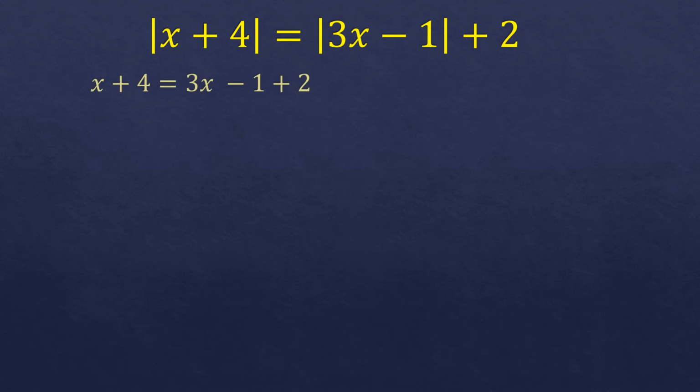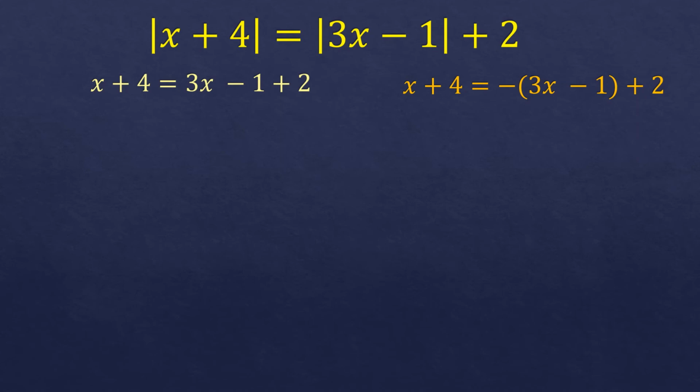So actually we are just going to do the same. It's just that the one with the negative times 3x minus 1. So as you can see, we don't include the plus 2. So only those expressions that are inside the absolute value. So still we can choose either the x plus 4 or the 3x minus 1 that we are going to multiply by positive and negative 1.